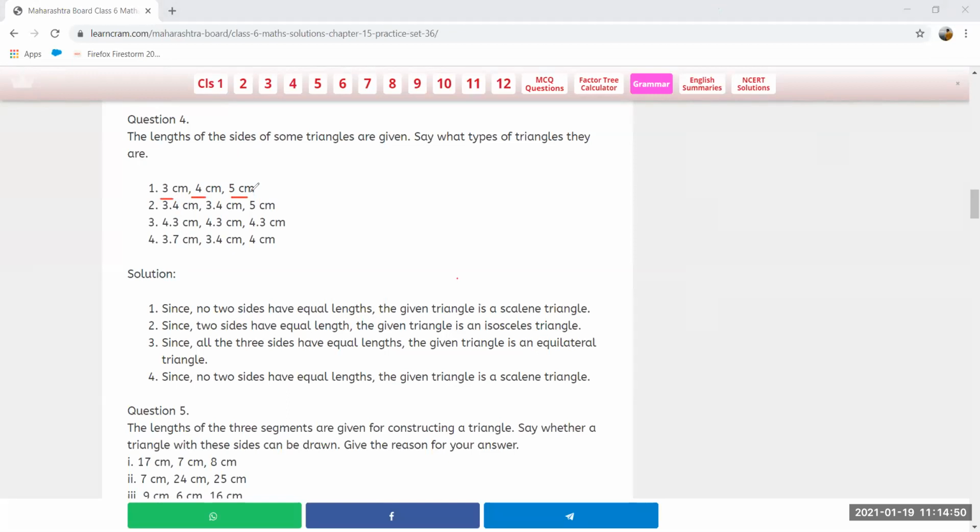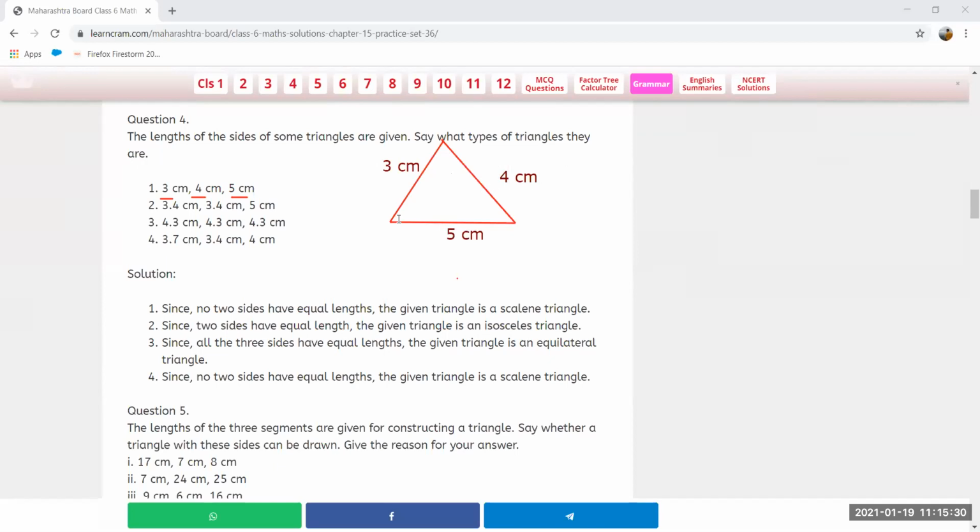Now see students, if this is a triangle, and if this is 3 centimeter, this is 5 centimeter, and this is 4 centimeter.